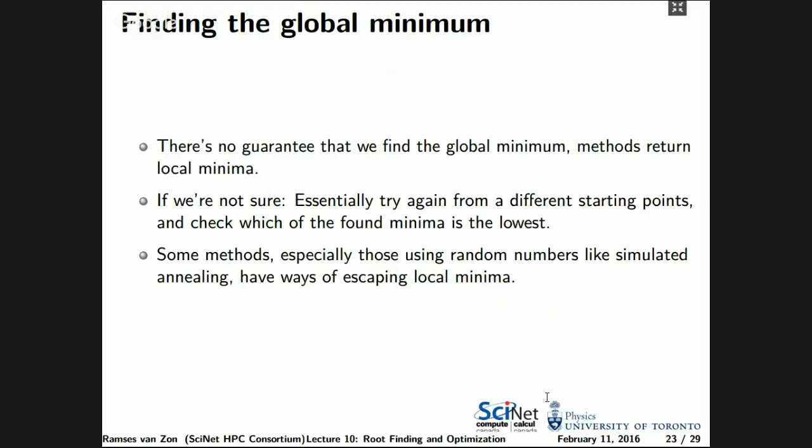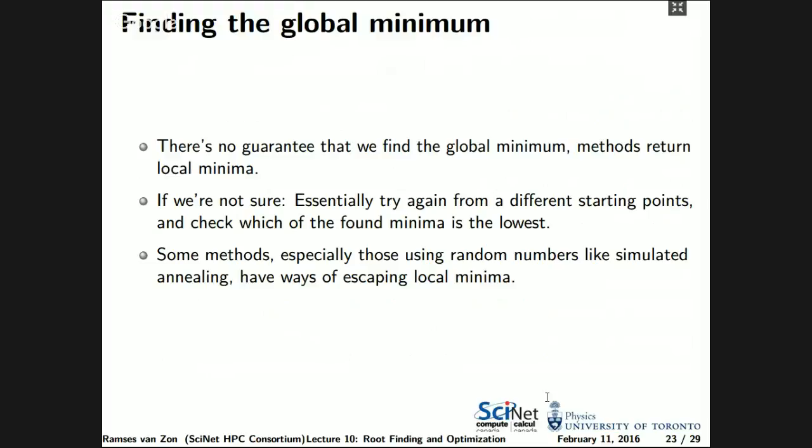Same thing, the only way to do that is to try again. But oftentimes, finding a root is good enough. It's a solution to your problem, right? With minimization, that's often not the case. You might want to know the lowest energy state of your system, and it has to be the actual one, because nature, what you're trying to simulate, will find the real minimum, and you have not. So you fail to predict.